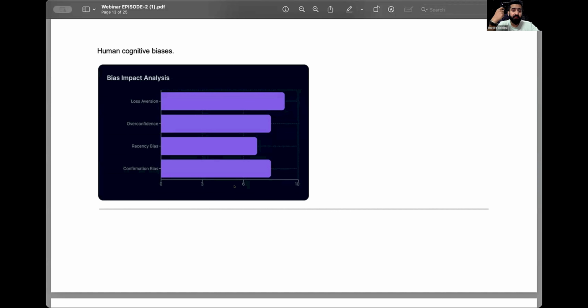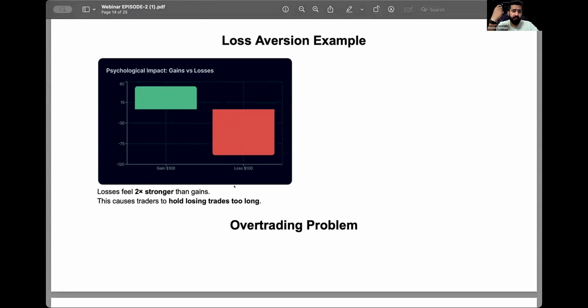So this is the loss aversion example. Losses feel 2x stronger than gains, and this causes traders to hold losing trades too long. Whenever a retail trader gains $100, compared to the loss of $100, the loss is more painful.